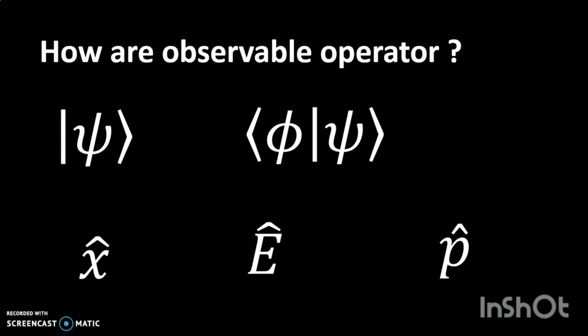Now we are going to further develop this idea and formalize it in mathematics. We are going to change our language a bit. We are going to use the word observable for any physical quantity that we can measure out of our particle.